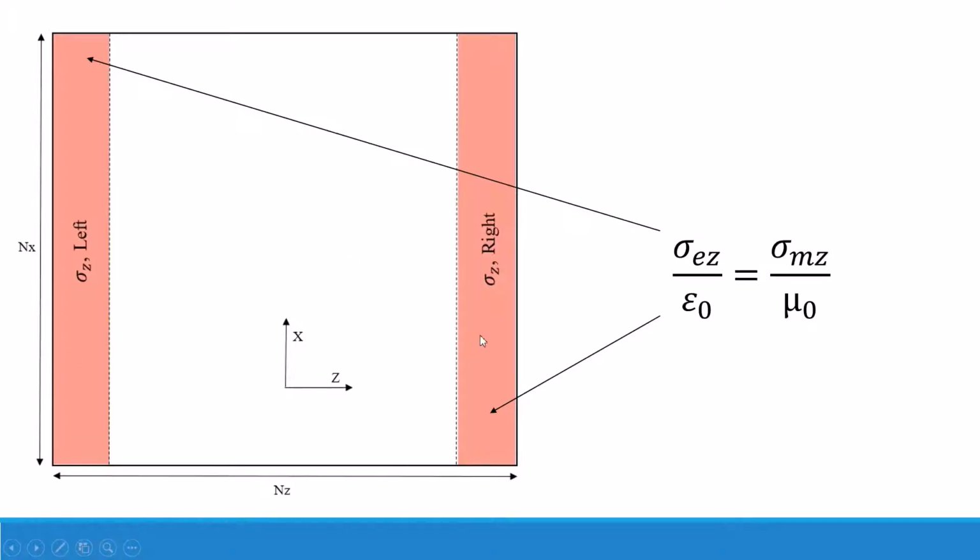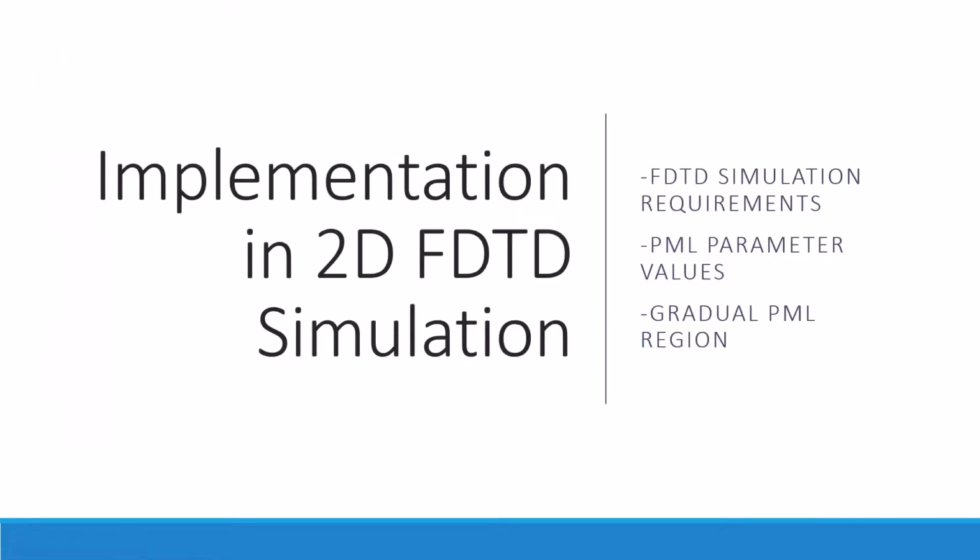So now moving on, we'll talk about how we implement the PML in the actual FDTD simulation. So what values do we set in it? What are the requirements for the simulation? And then we'll discuss a modification of the PML region known as the Gradual PML.